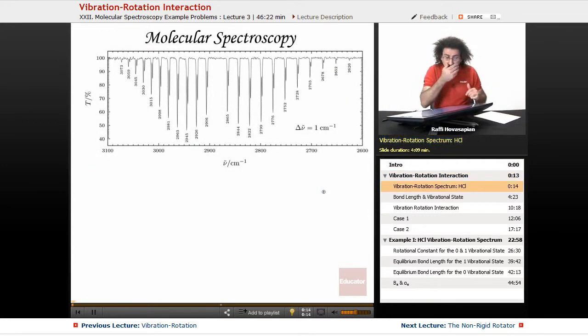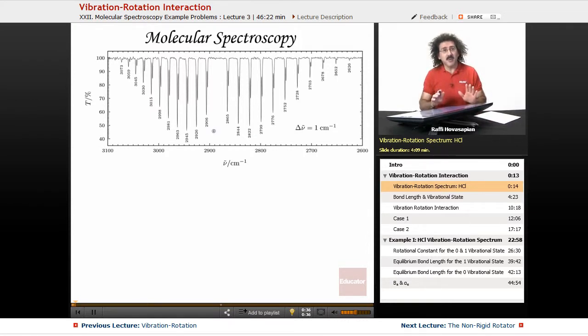Okay, so this is the vibration rotation spectrum for HCl. Here we have the R branch, and sometimes you're going to see it like this, and sometimes you're going to see it the other way where the peaks are actually pointing up. It doesn't really matter.